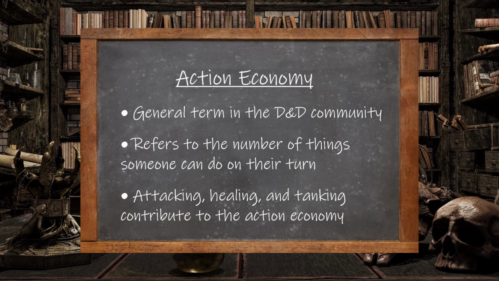In the greater action economy of the game, we are spending our actions, bonus actions, and reactions to do these things. So overall, action economy helps us define how our movement, actions, bonus actions, reactions, and free object interactions allow our character to contribute to combat.